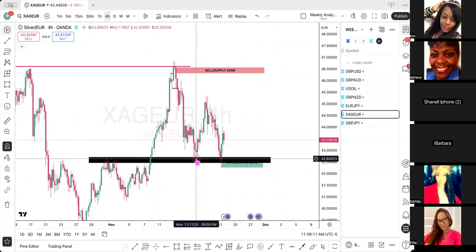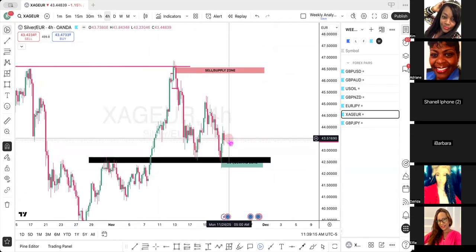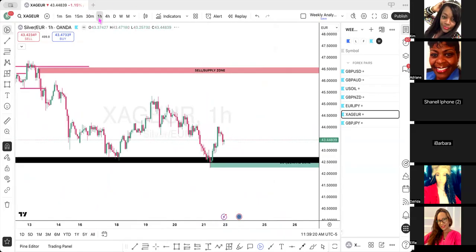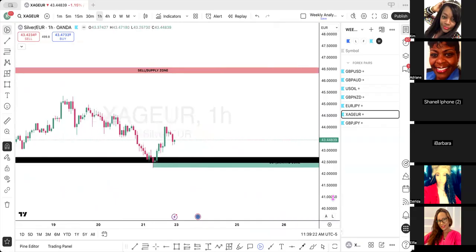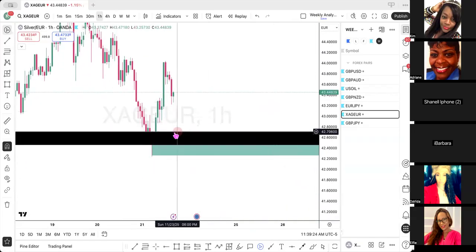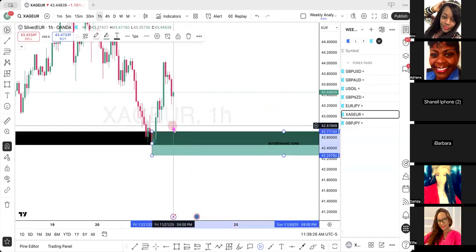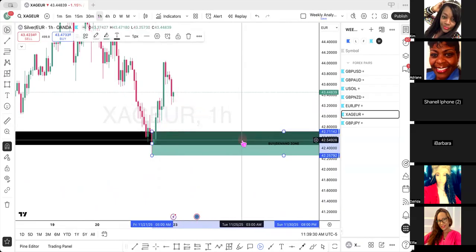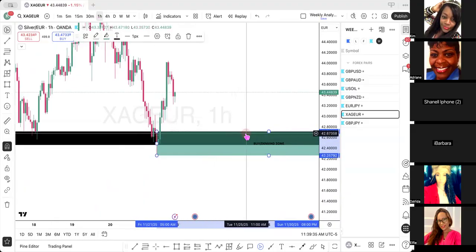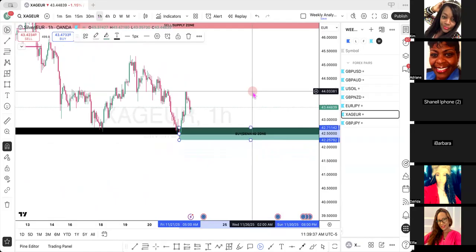It came back as support, came back as support again. On the 1 hour, it left this demand zone. So I would be looking for price to come back to this key level, into this demand zone, to then start pushing to the upside.